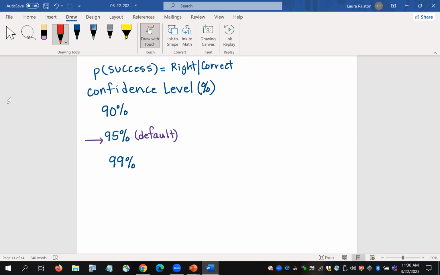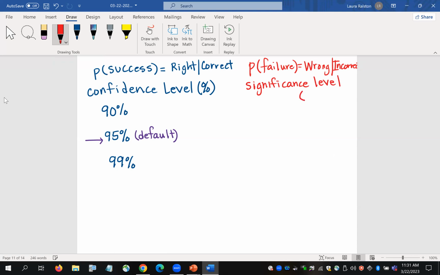Okay, so there is the probability of failure, which means you are wrong or incorrect. The probability of failure is called the significance level. How significant is it that you're wrong?